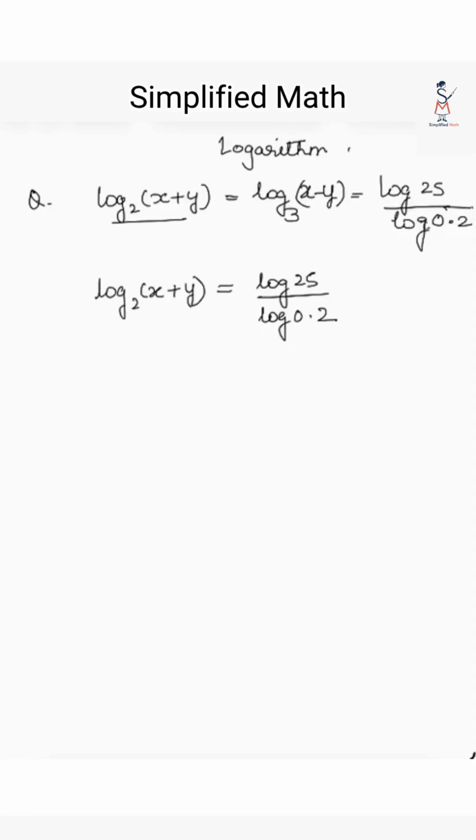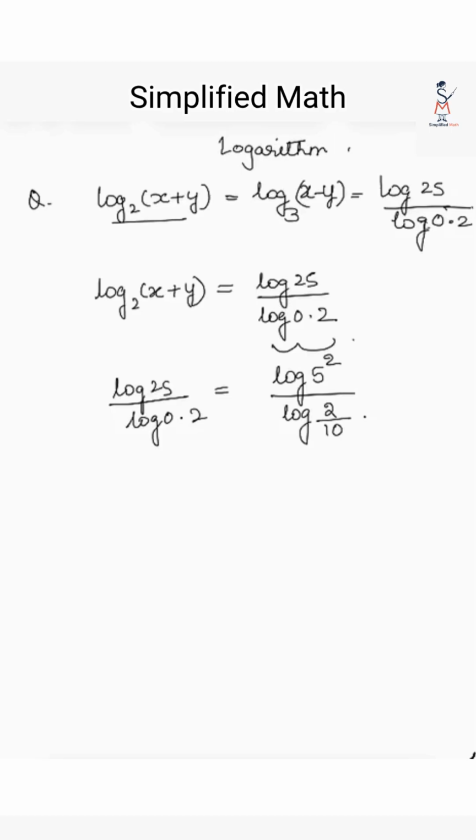First let us solve this, that is log 25 by log 0.2. Log 25 can be written as log 5 raised to the power 2 and log 0.2 can be written as log 2 by 10, right? Now we will use the law. Which law we will use?